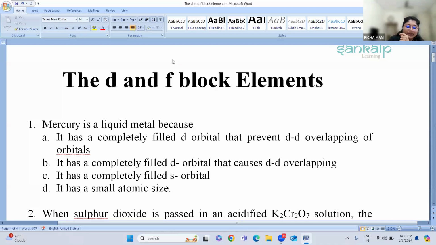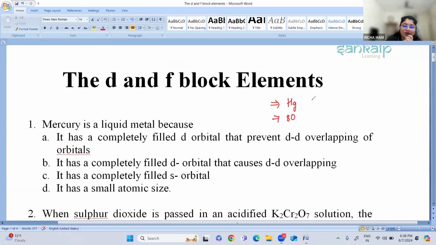So what is mercury? What is the state of the element? The symbol of the element mercury is Hg, and its atomic number is 80.